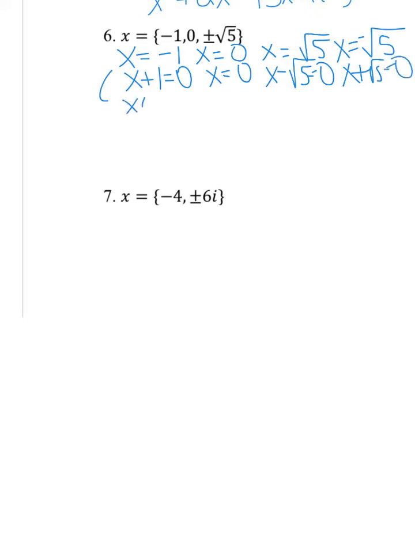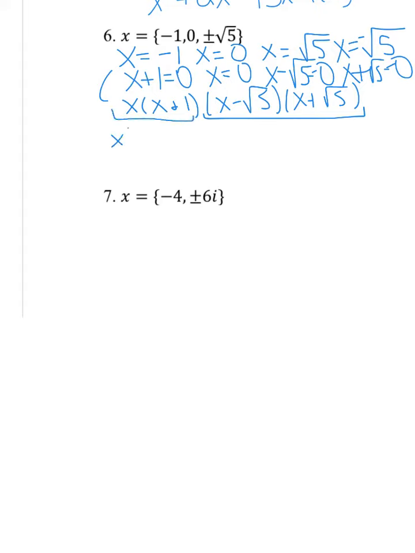So this is x times x plus 1 times x minus the square root of 5 times x plus the square root of 5. I can only multiply two things at a time. So I'm going to choose to do these two together. That way the radical cancels out. And these two together. So this is x squared plus x times x squared plus x square root of 5 minus x square root of 5.